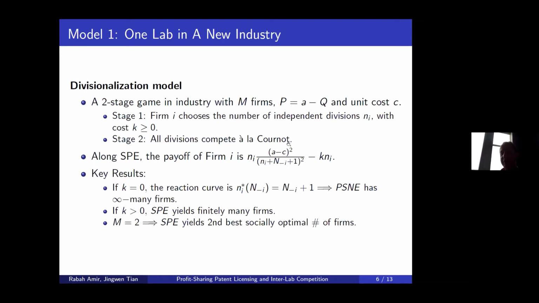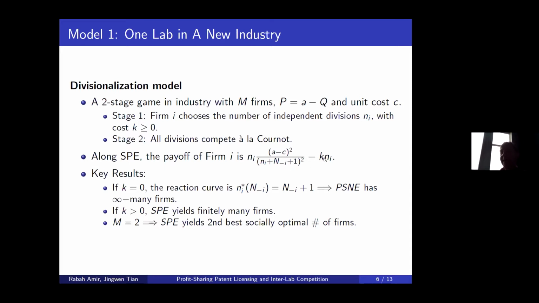This is the Cournot profit function for each firm that's been picked and enters the industry. And the total number of firms is just little Ni, what lab I picked, plus this variable, which is the sum of the total of all firms picked by all other labs than I. Okay?